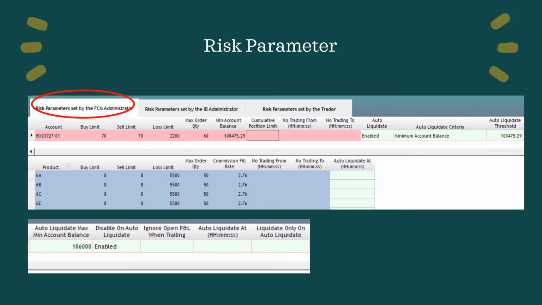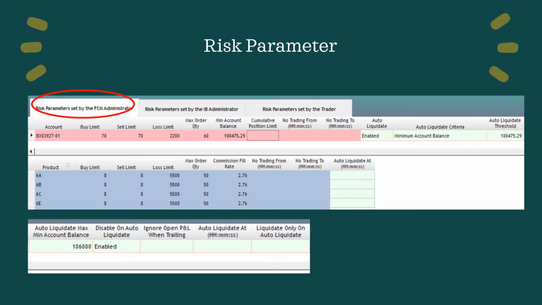For the first one, you can see how the prop firms are controlling your account. They have set me a daily loss limit of 2,200, where if I break it, they will enable the auto liquidate once I cross the minimum account balance threshold.